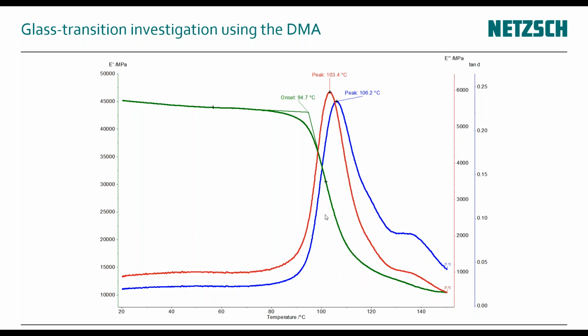The DMA tells you about the mechanical properties and the mobility of the polymer chains. If your composite material softens, the polymer chains get so much more mobile.